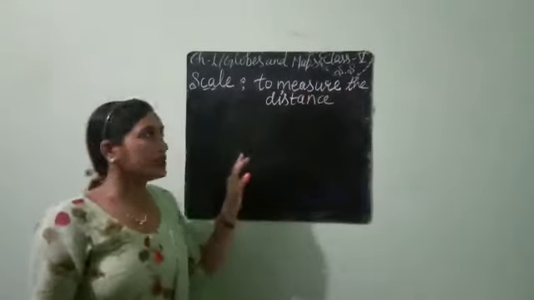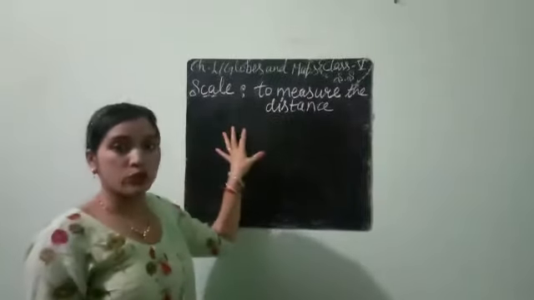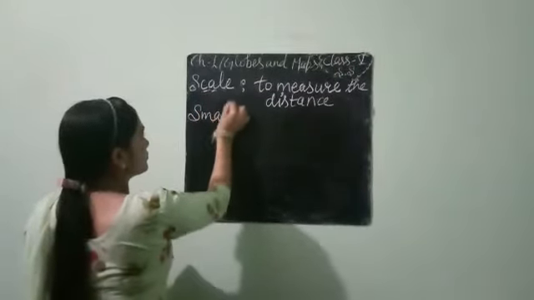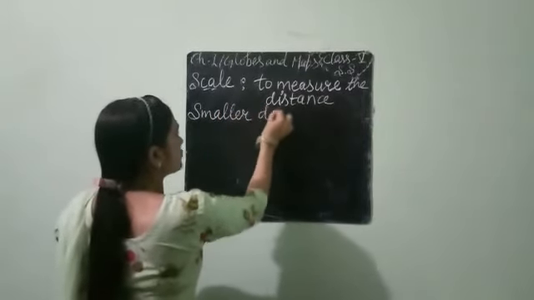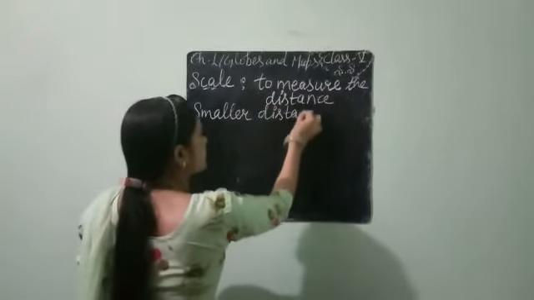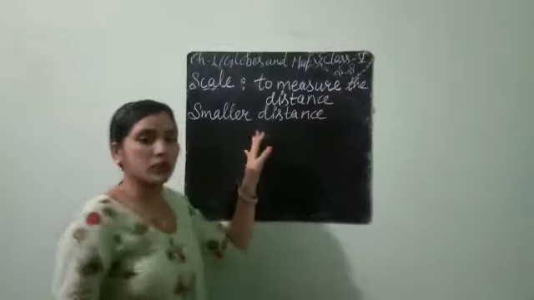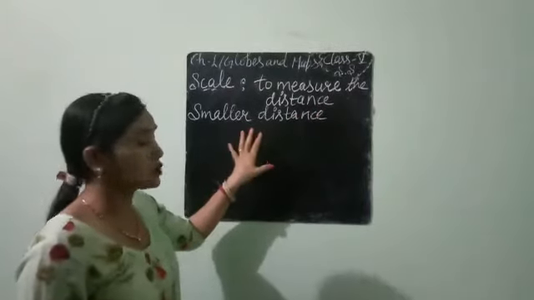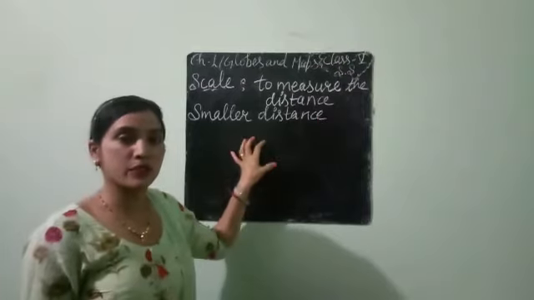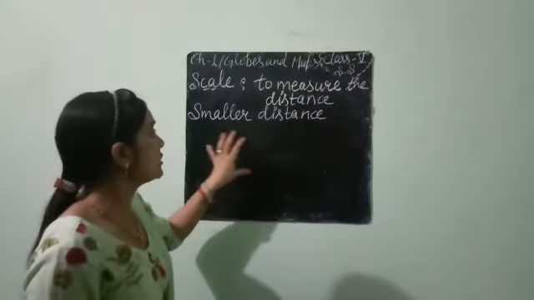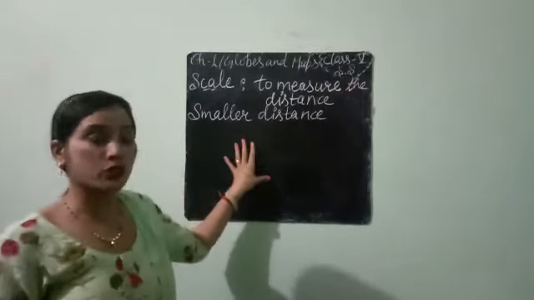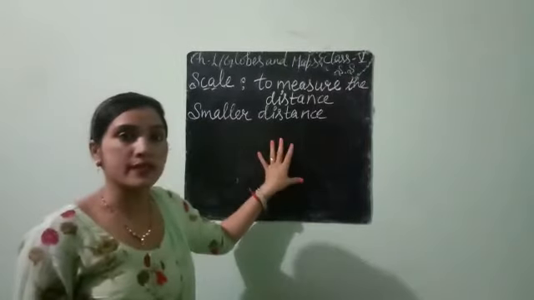Always remember that the map shows smaller distances. Why? Because it is not possible to show the actual distance between the places on a map. That's why the map always shows the smaller distances.